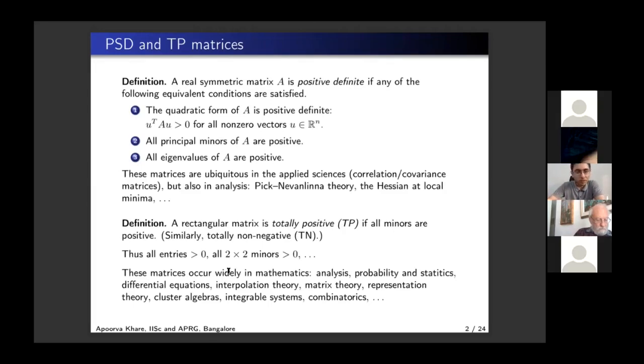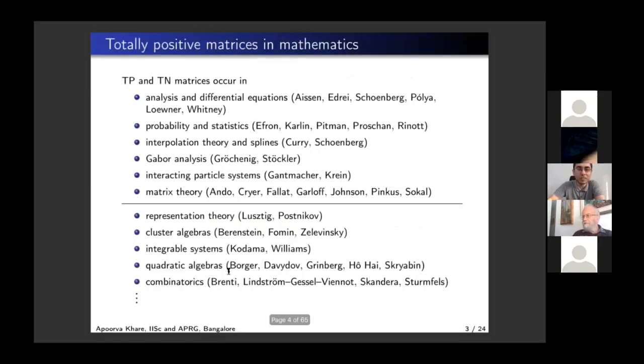And these matrices occur even more widely in mathematics. So here are some of the areas and some of the people who have worked on them. Morally, total positivity in some sense started with Laguerre in the 1880s. But more directly, it started with the work of Schoenberg, and then Fekete and Pólya, and so on.